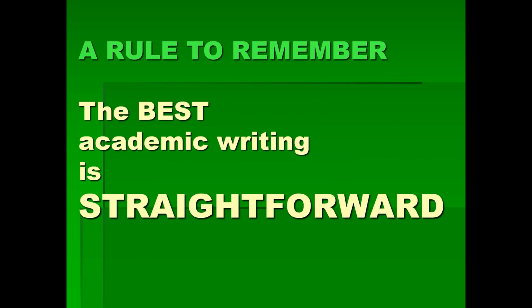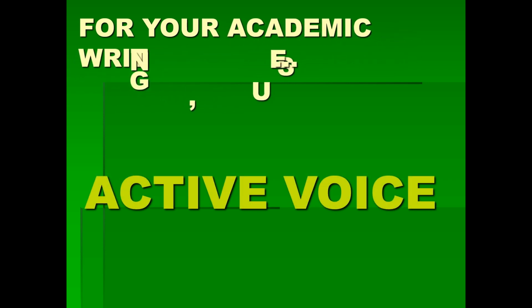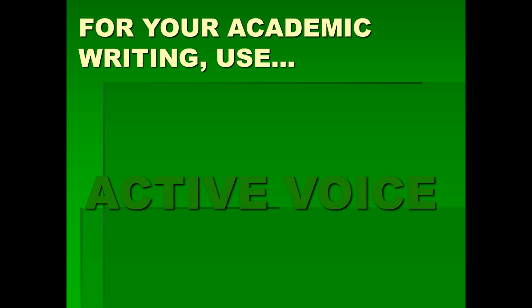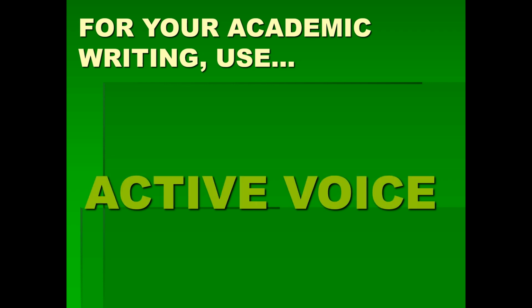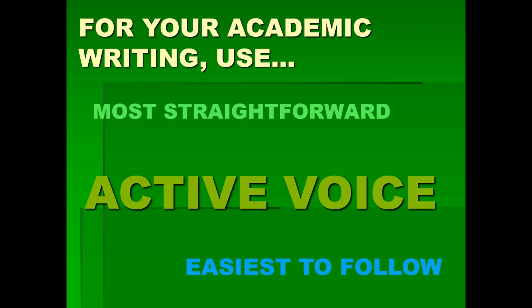Now here's an important rule to remember. The best academic writing is straightforward. For your academic writing, it's best to use active voice. This doesn't mean that every sentence has to be in active voice at all times, but active voice is the most straightforward, the easiest to follow, and it's the best to use.